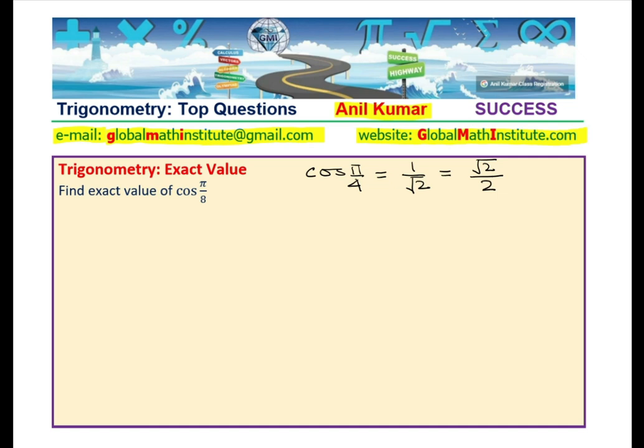Now let's look into the double angle formula. Cos of 2 theta is equal to 2 cos square theta minus 1. Now here we can rearrange.